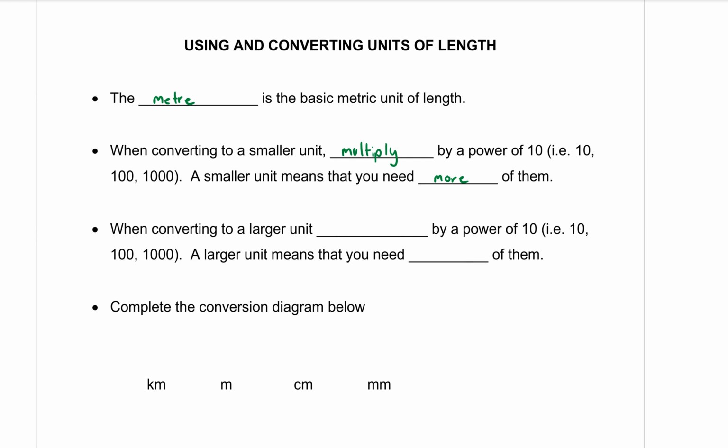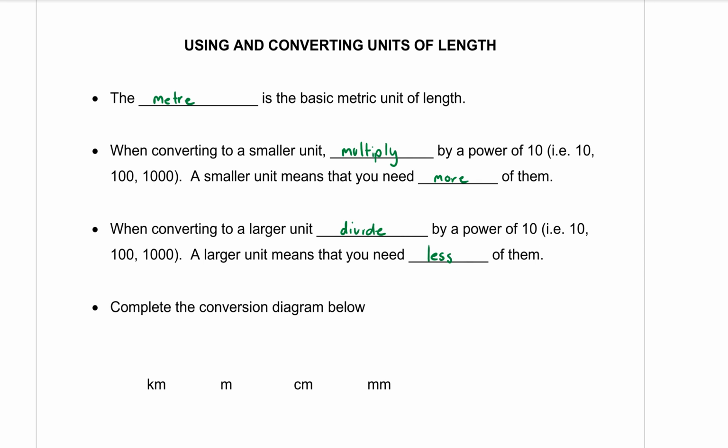When converting to a larger unit, you're going to need to divide by a power of 10. So that will again be either 10, 100, or 1,000. A larger unit means that you will have to have lots of them to fill up one unit, so there will actually be less of them as a result.